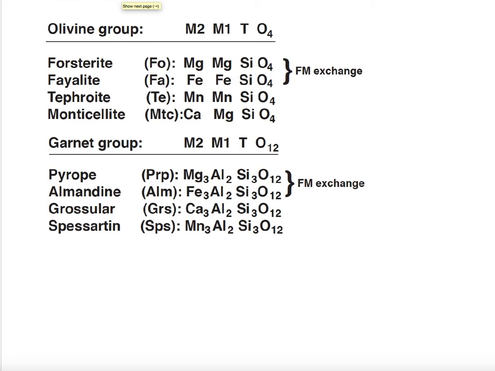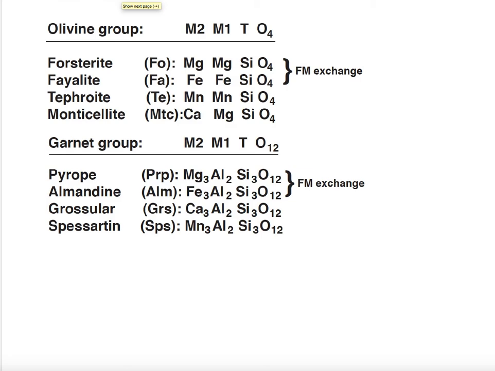When you would like to build up or write down a mineral chemical formula of the olivines, then you must just have a few rules in your mind. All olivines have 4 oxygen. 1 oxygen is 2 times negative charge, so 4 multiplied by -2 is -8.